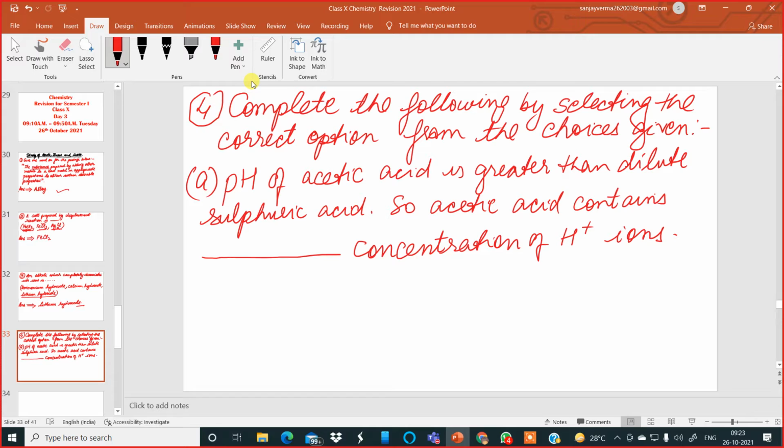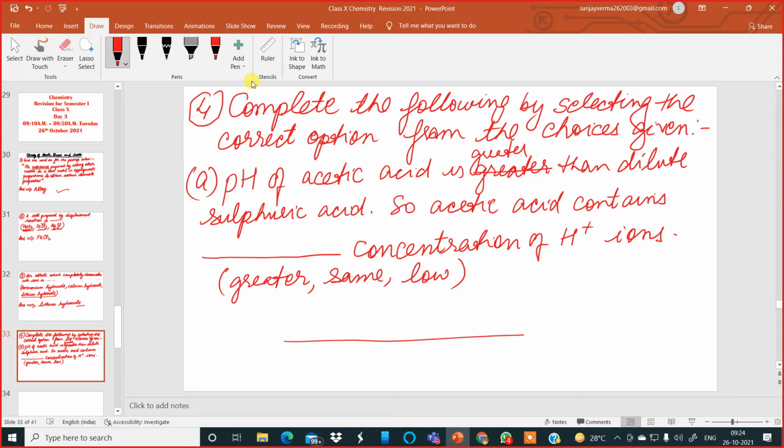The options given over here are greater, same, low. Just a second, I'll make some correction over here. pH of acetic acid is not greater over here, it is lesser. Yes, greater is correct only, greater is correct only.